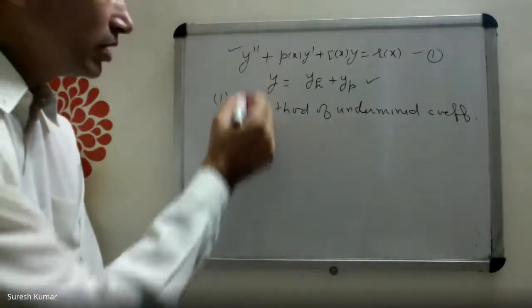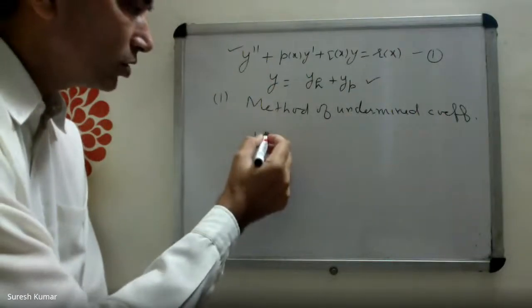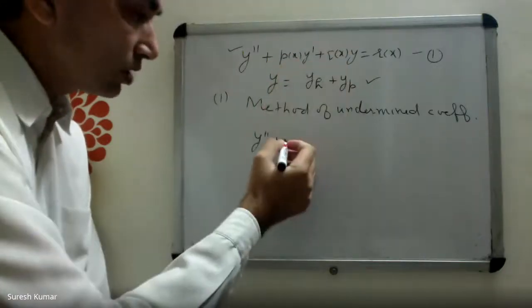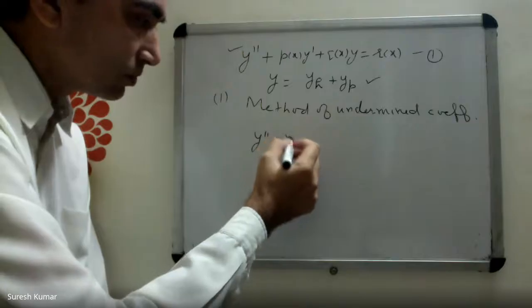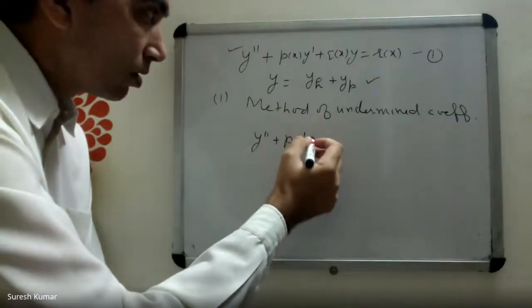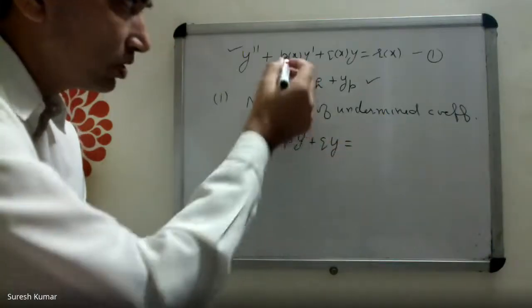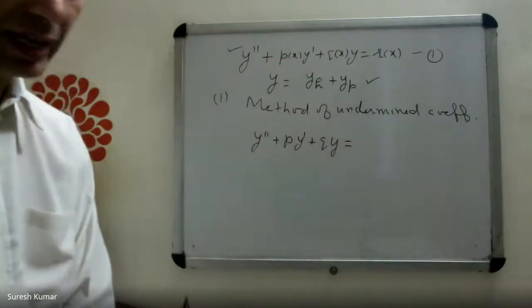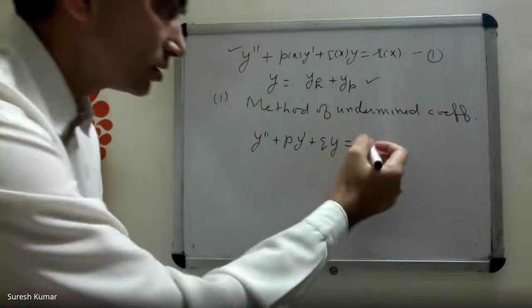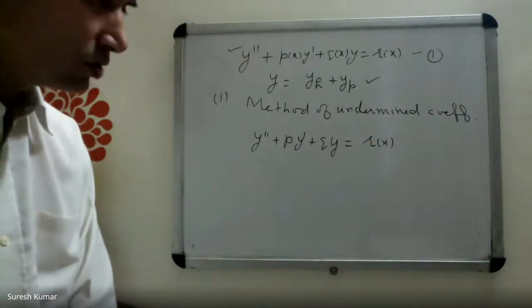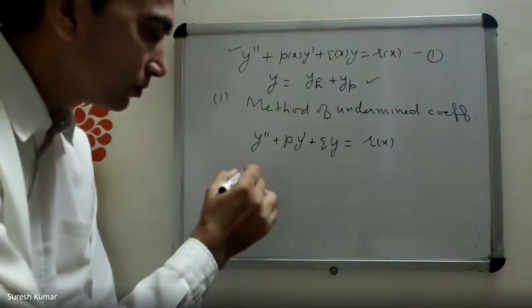If you recall that method, there is a restriction in it. What is that? That p(x) and q(x) must be constants. To apply the method of undetermined coefficients, p(x) and q(x) should not carry x. These are constants. After that, what is the way to find yp?